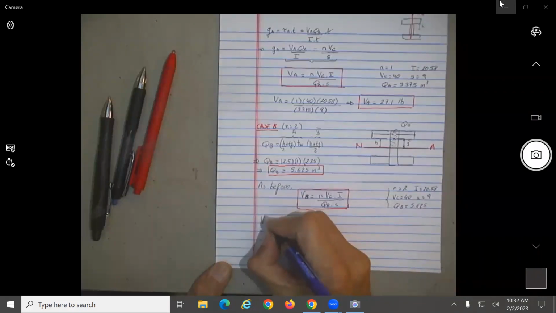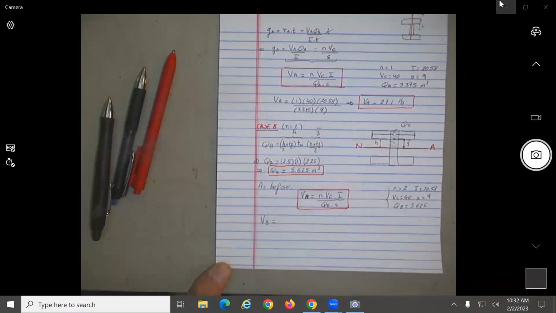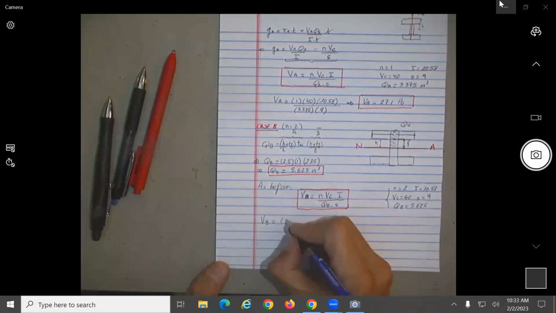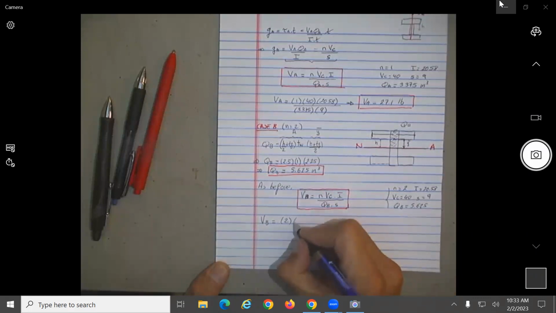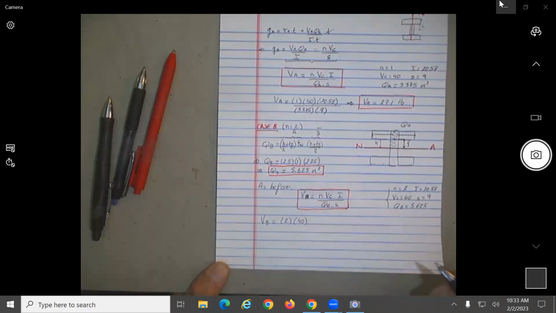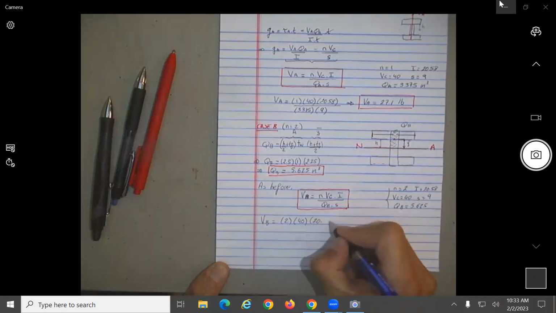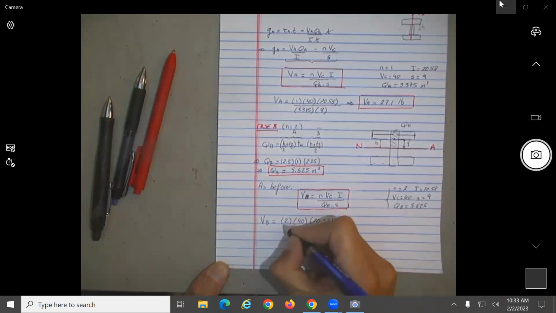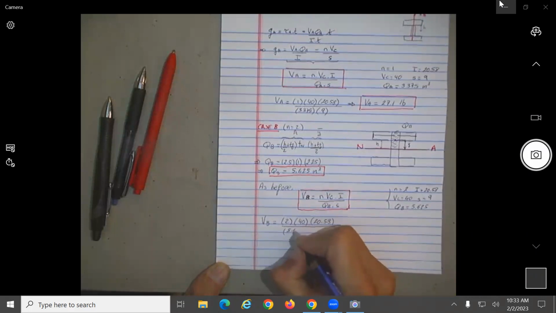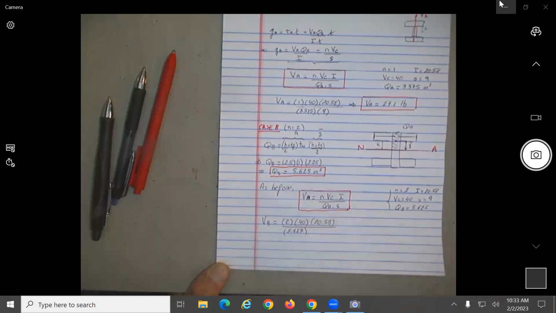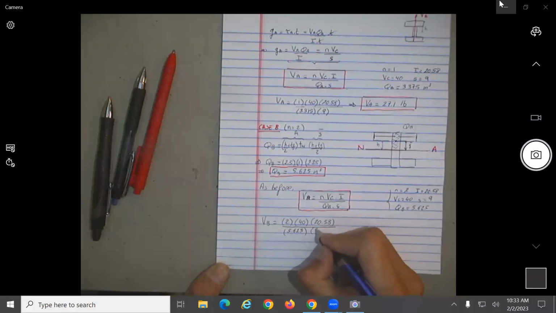So what do we get over here? VB will be equal to 2 times 40 times 20.58 divided by 5.625 times 9.